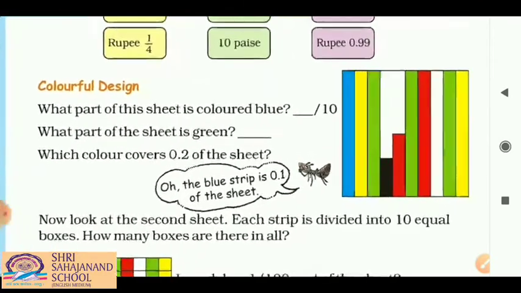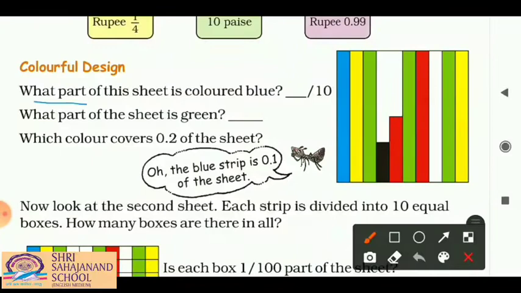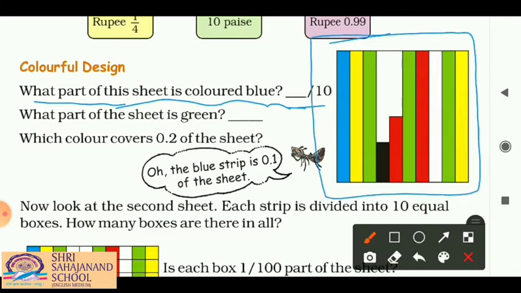Let's read it. What part of this sheet is colored blue? Dash upon 10. So here we have a sheet and let's see how many strips are here. 1, 2, 3, then this is 4, then this is 5, 6, 7, 8, 9 and 10.